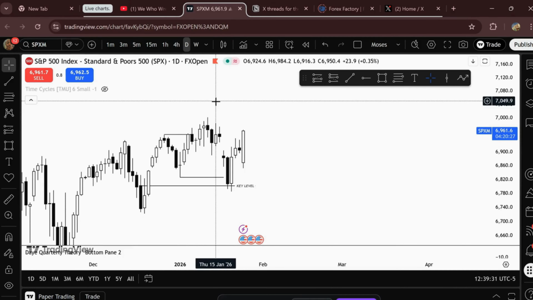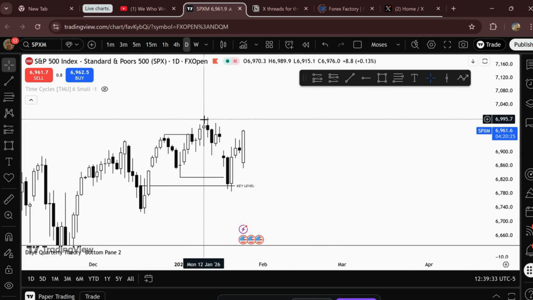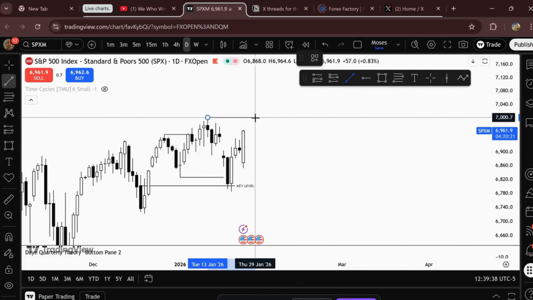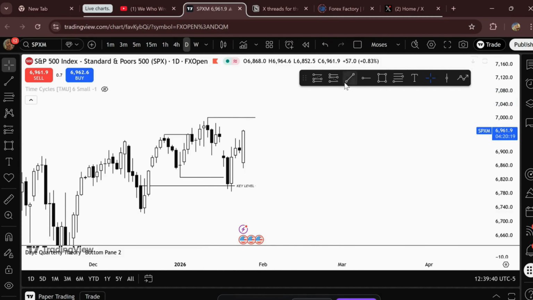Now the new dealing range is from this high to this low currently. This becomes the new dealing range.